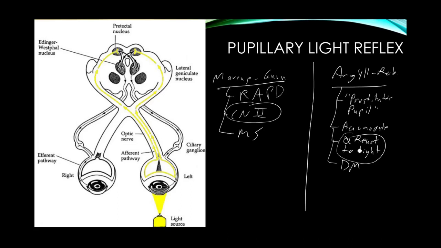Okay, so the parasympathetic response of cranial nerve 3 is hit in this ischemic event that happens in diabetes.